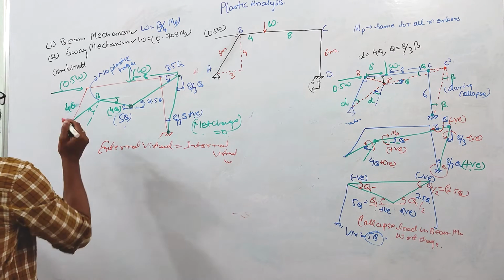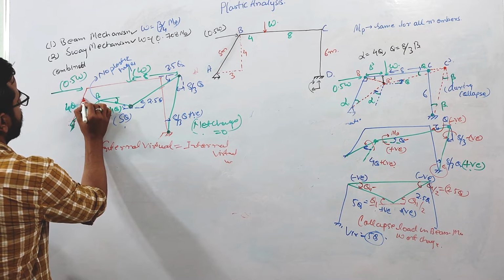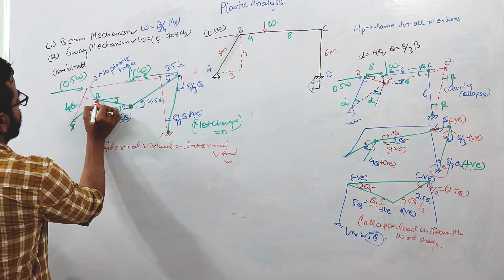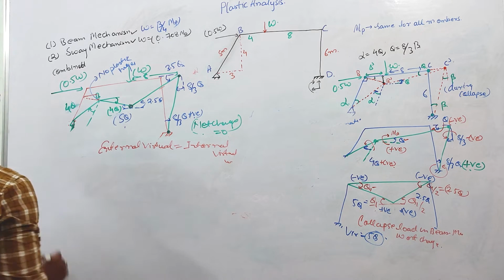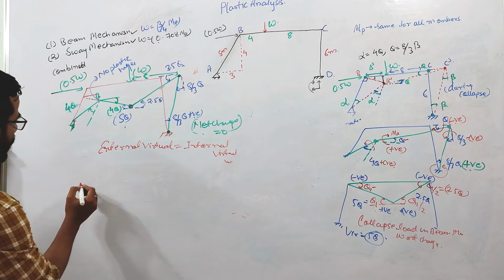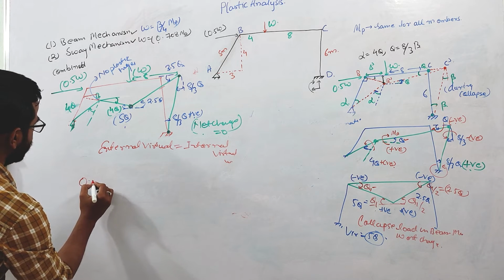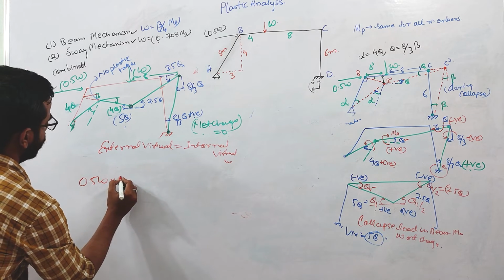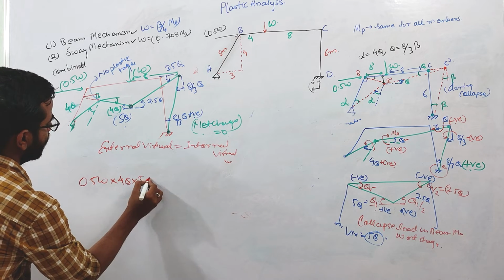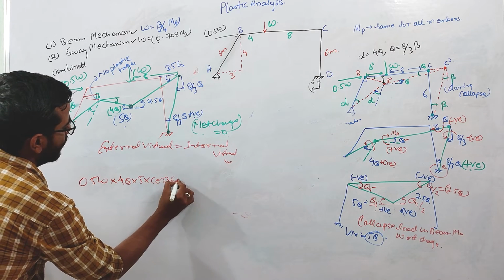And again, our horizontal component will be this one, which we have already calculated. This comes out to be 0.5W into 4 theta into 5 into cos 36.87.